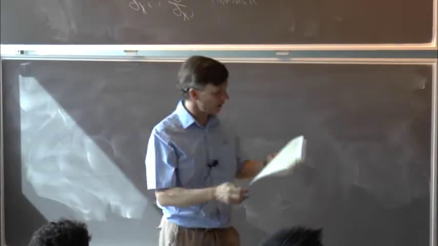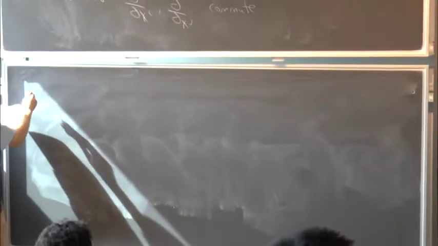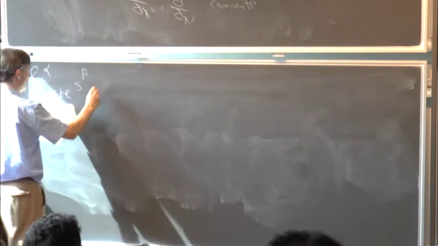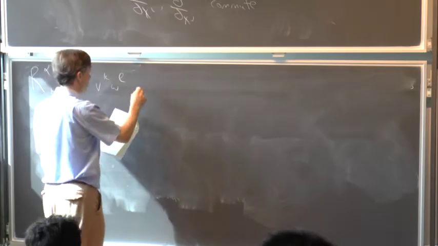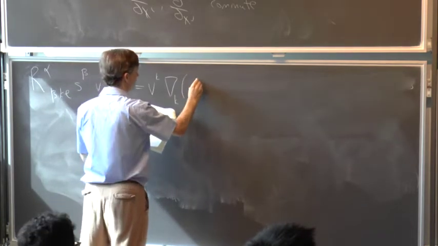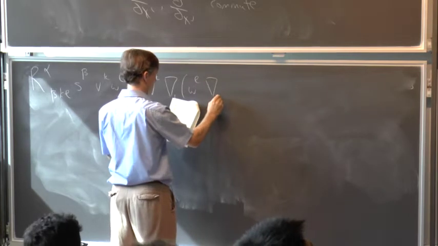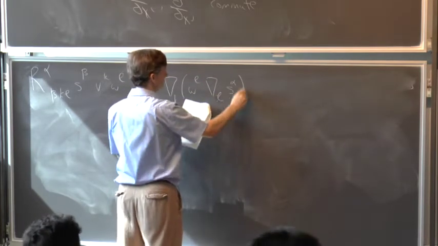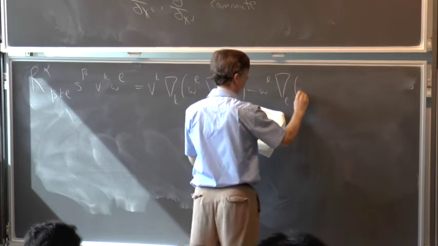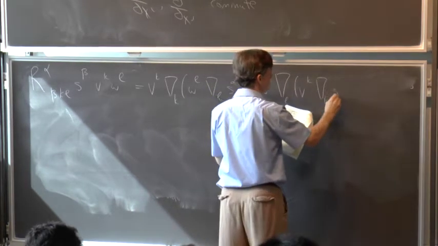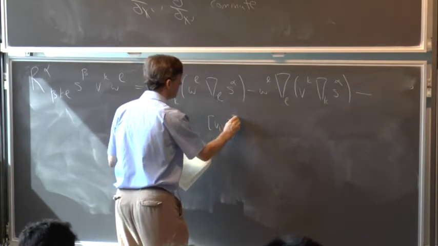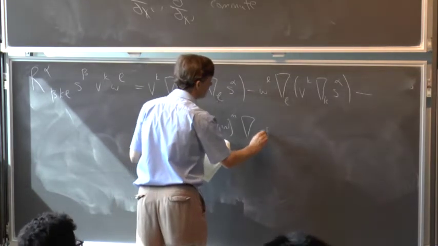Then we can rewrite this equation in index notation as R alpha beta KL S beta V^K W^L is equal to V^K nabla K brackets W^L nabla L S^alpha minus W^L nabla L brackets V^K nabla K S^alpha minus brackets V comma W, let's give this a different index, M, nabla M S^alpha.